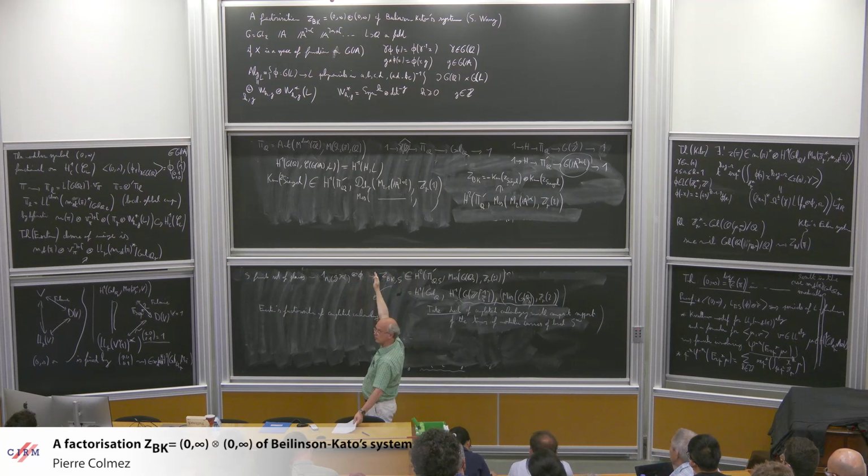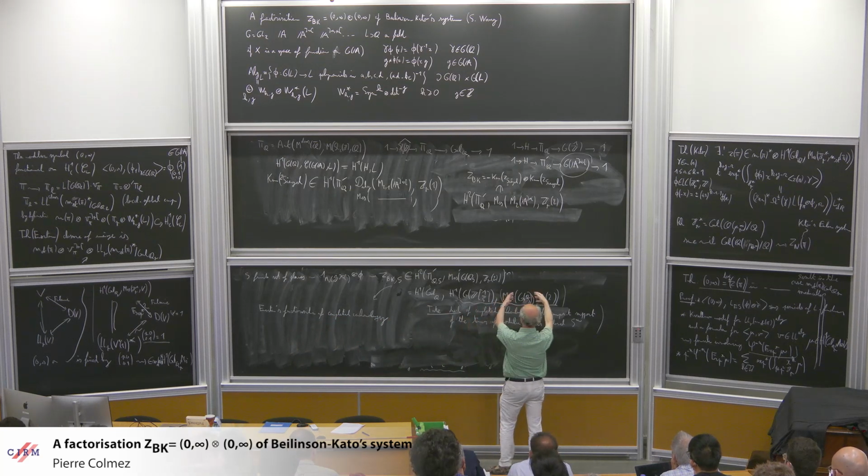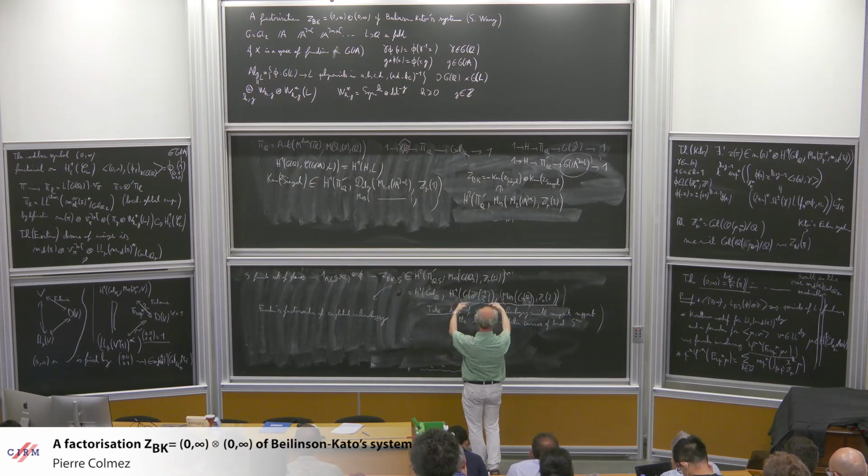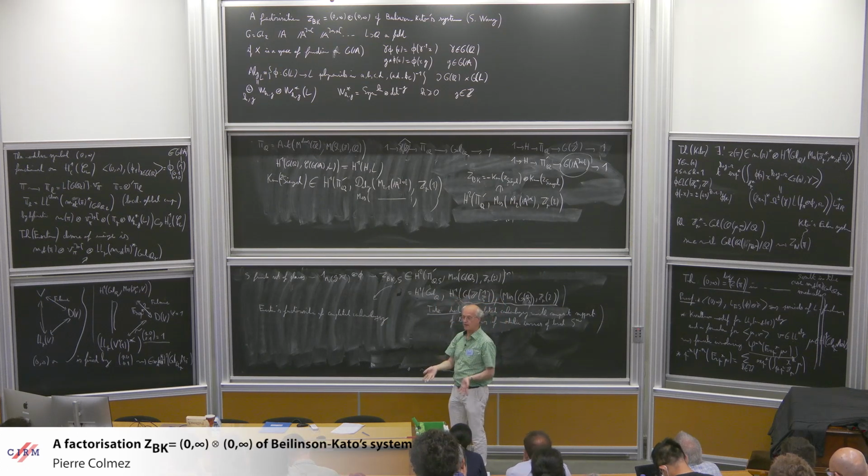So one of the 0 infinity over there is really going to be a 0 infinity, meaning a dual of this representation of GL2 of QP. And the other one is going to come from reinterpreting the Galois cohomology, which is here, as an Iwasawa module, and using a p-adic local Langlands, okay?